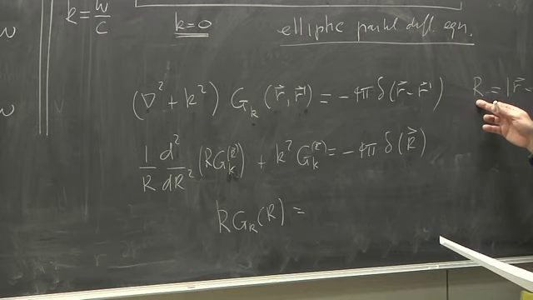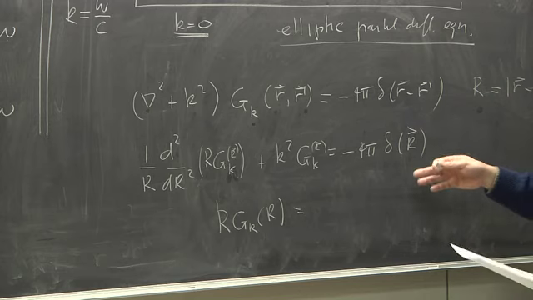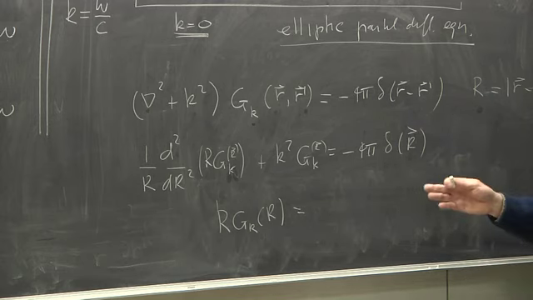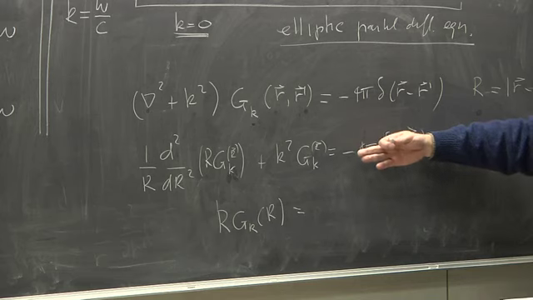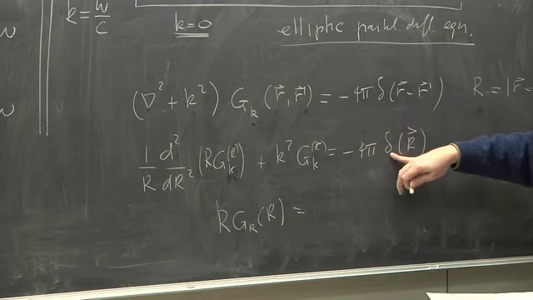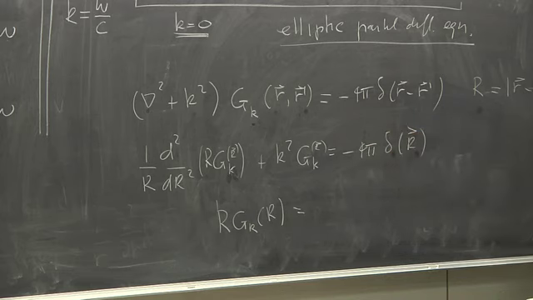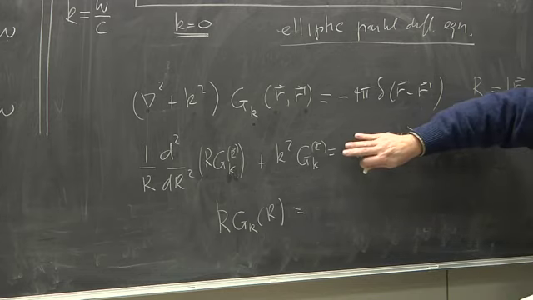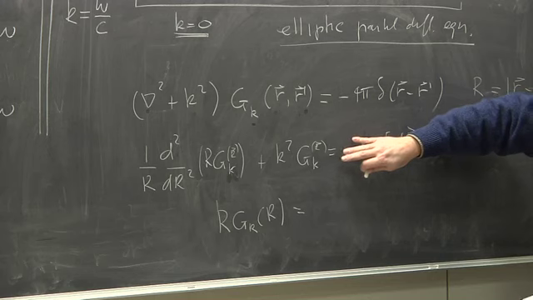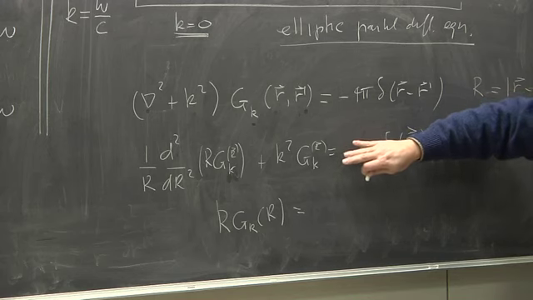If r is different from r prime, then it is the homogeneous equation. I'm sorry, what did I say? You want this to be equal to 0, so this is equal to 0 except when R equals 0. So everywhere else it's the homogeneous equation.